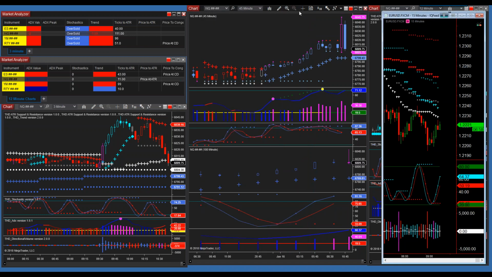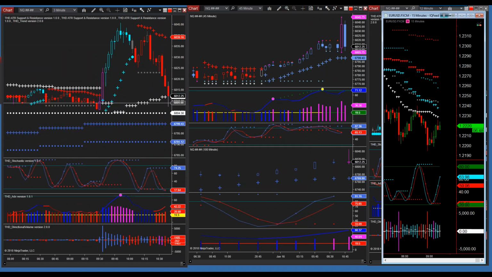And I'll show you why. Do you see how your ADX is at 71? That is your Buddha trade that is set up between the 3 and the 45.